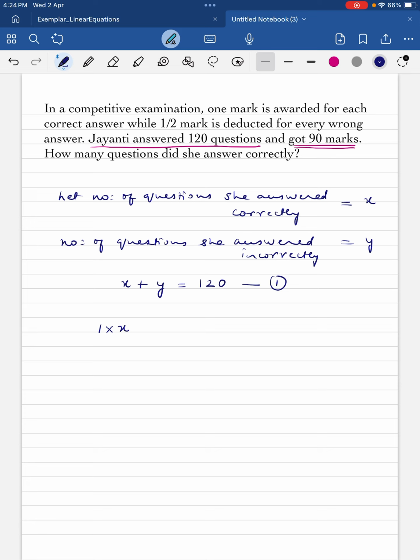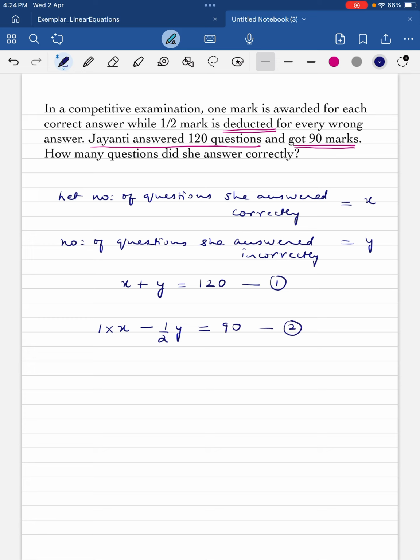Now from this, half mark gets deducted. Listen carefully to this word: it gets deducted for every wrong answer, which means she answered y questions incorrectly. So half times y would get subtracted from 1 times x and the total would become 90. Okay, so now I have my second linear equation.